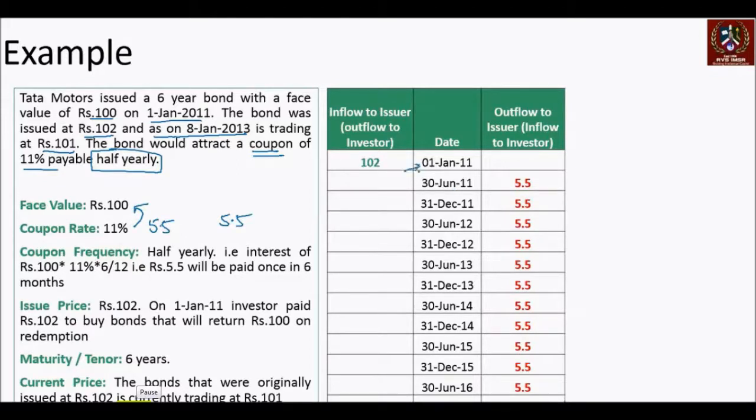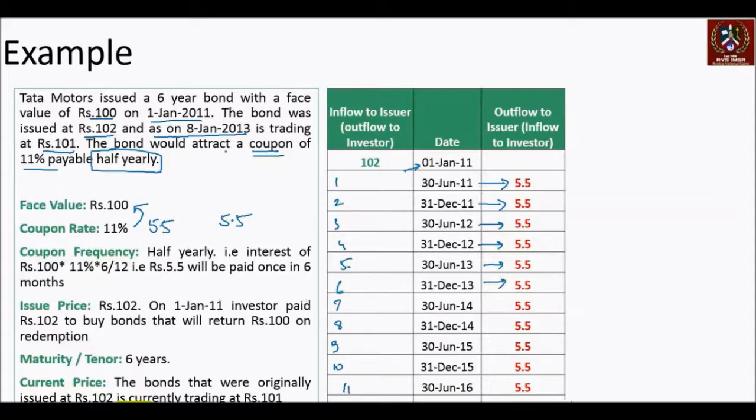It got issued on 1st of Jan. 30th of June, it will pay 5.5. After 6 months, another 5.5. Then 6 months, and 6 months, and 6 months. You will see the number of payments will be 1, 2, 3, 4, 5, 6, 7, 8, 9, 10, 11, and 12.